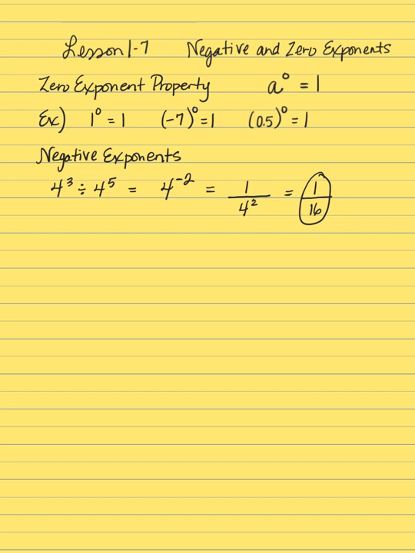Now, if I gave you a problem and I said, write 7 to the negative 3rd. Now, I messed that up. Let me rewrite that. If I said, write 1 over 7 to the negative 3rd with a positive exponent.